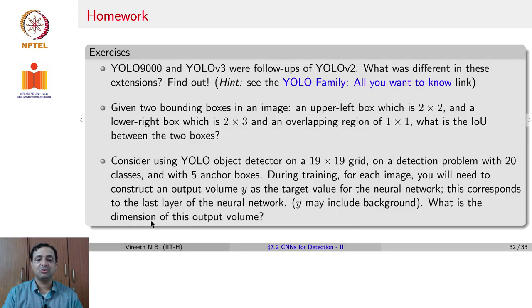What would be the dimension of this output volume? Remember that in YOLO we said S × S × (B × 5 + C). Try to use that formula here to find out what should be the output volume for this particular YOLO object detector. Please do these exercises and we'll continue the discussion in the next lecture.